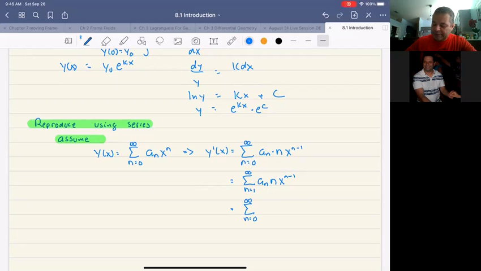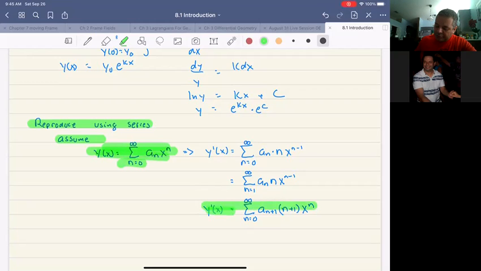So that means I'm going to need an a sub n plus 1. Instead of n, it's going to be n plus 1, and instead of x to the n minus 1, it's going to be x to the n. So this is our y of x here, and this is what we're going to use for y prime of x.